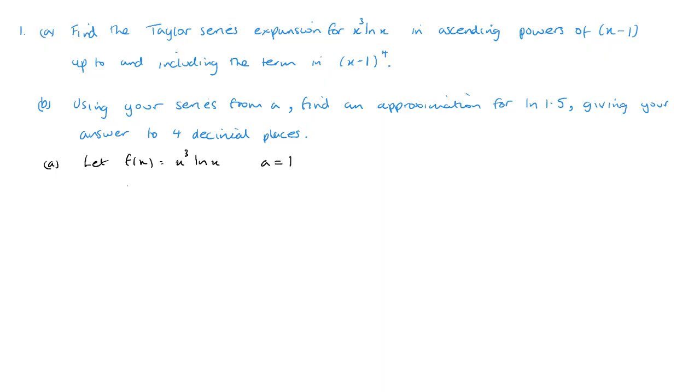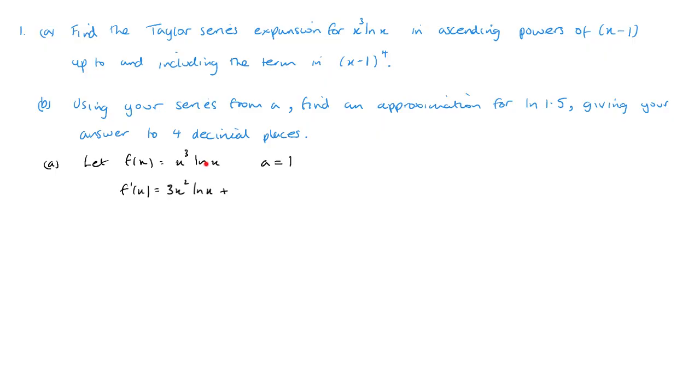Now let's differentiate. So f dash of x: differentiate this times this, so we've got 3x squared ln x, plus this times this differentiated.